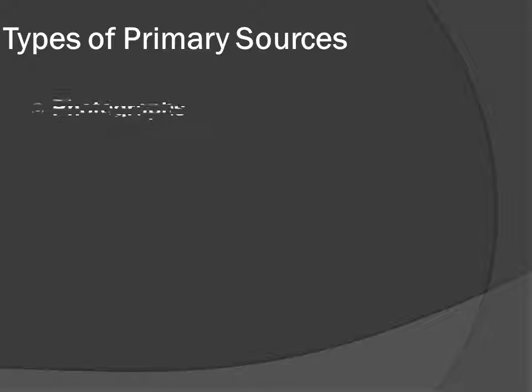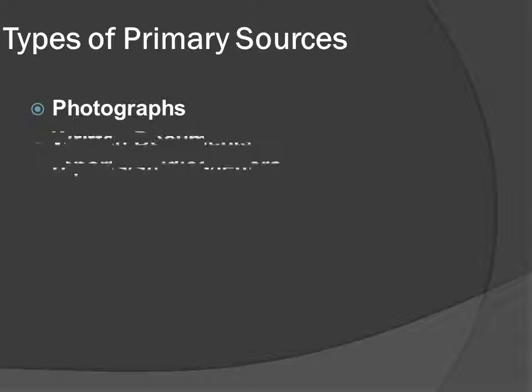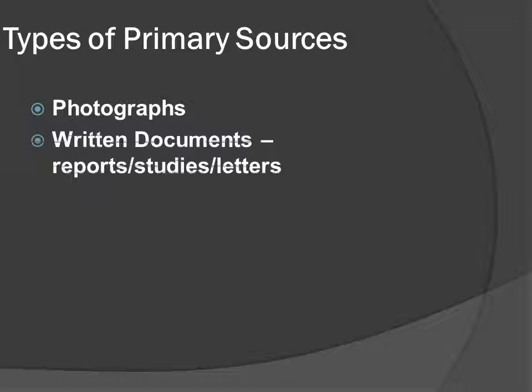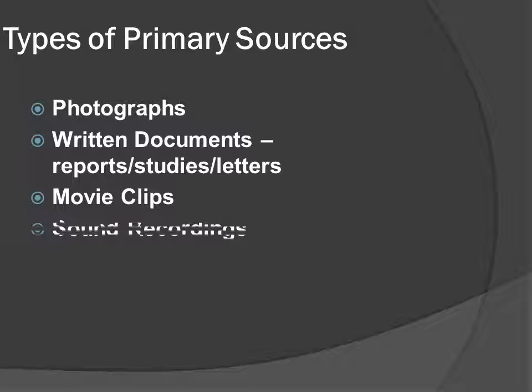Different types of primary sources. One might be photographs. You also have written documents such as reports, different studies, letters from individuals. Also, maybe a movie clip. Movie clips are primary because they were done at the time period. Also sound recordings.